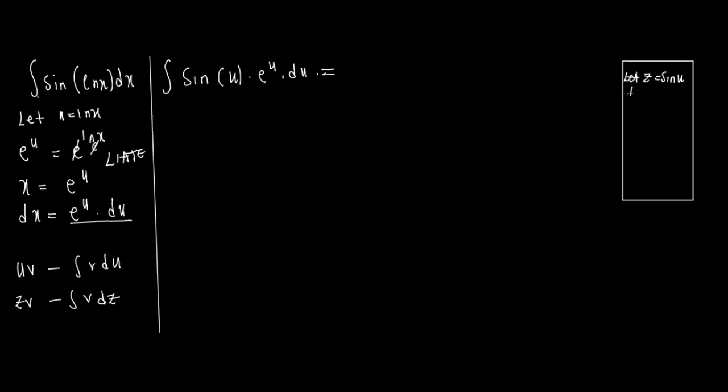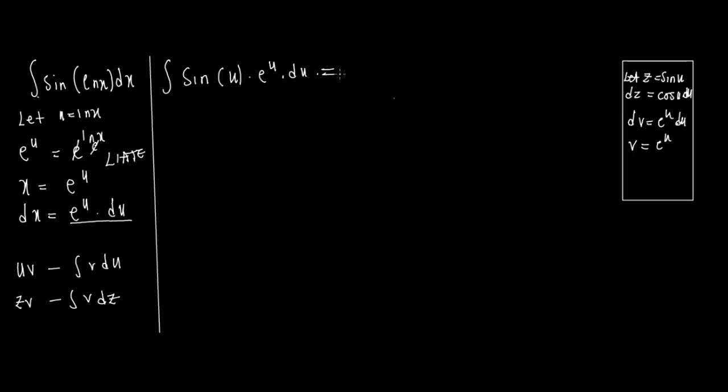So dz is equal to cosine of u times du. So dv will be equal to e to the u times du. So v will be equal to e to the u.